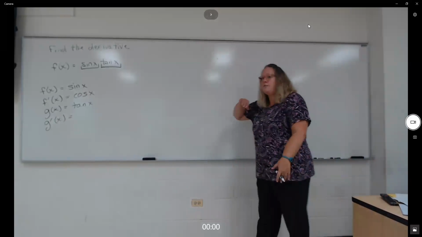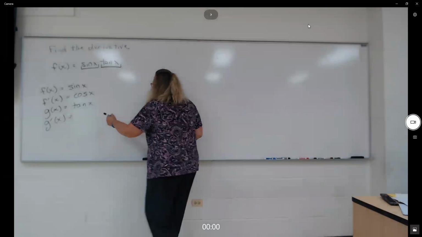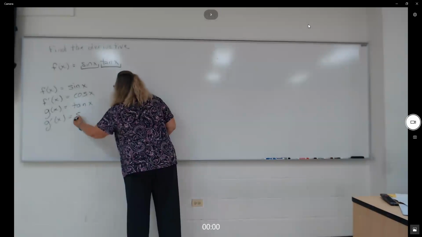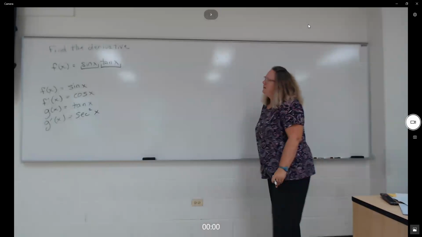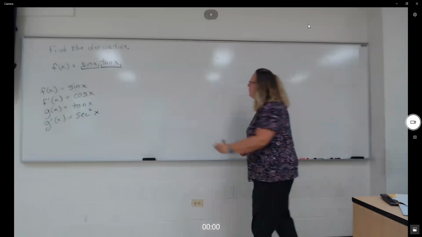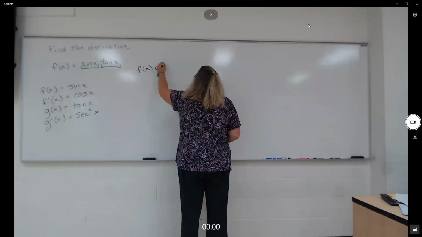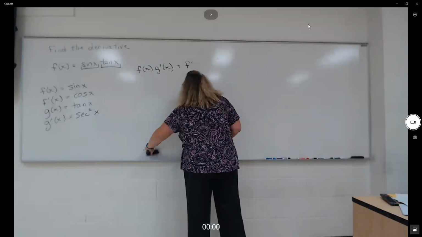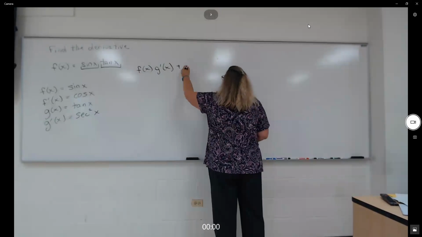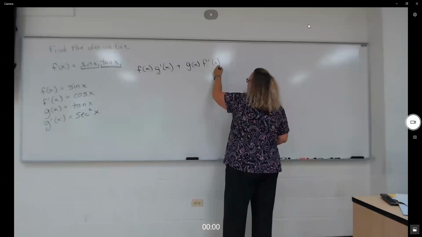Beautiful. And that one, if you have to look it up, that's fine. You'll just have to take the time to look it up. Derivative of tangent is secant squared. And then it is first times the derivative of the second plus the second times the derivative of the first.